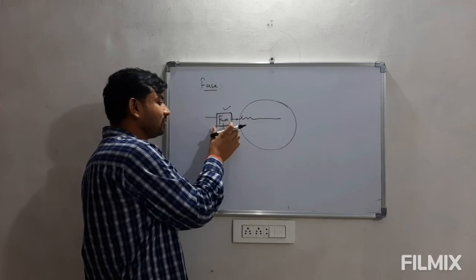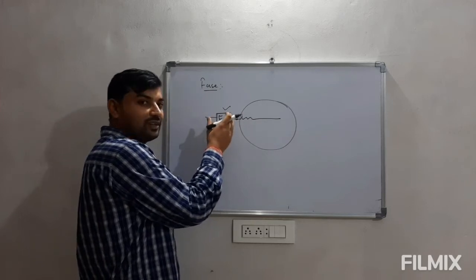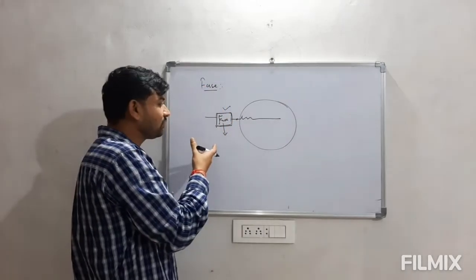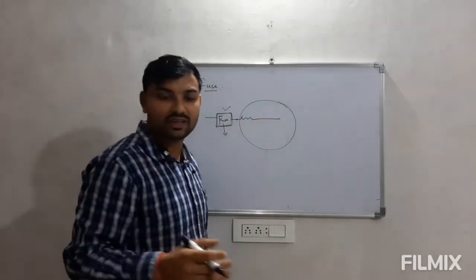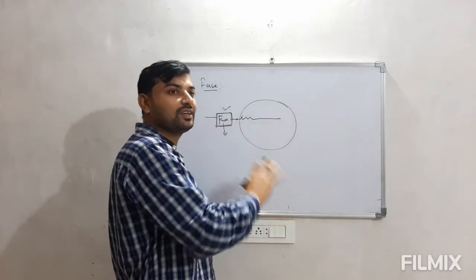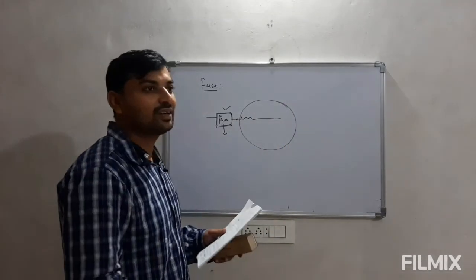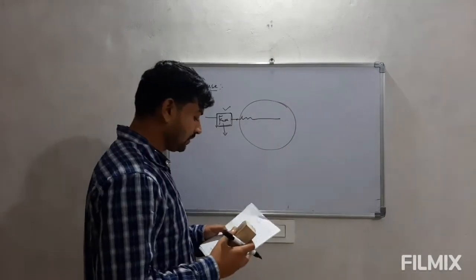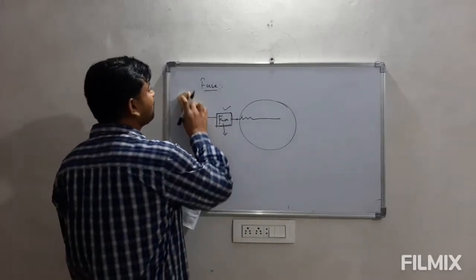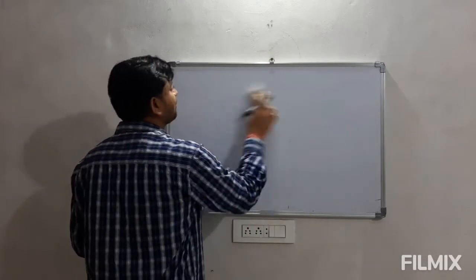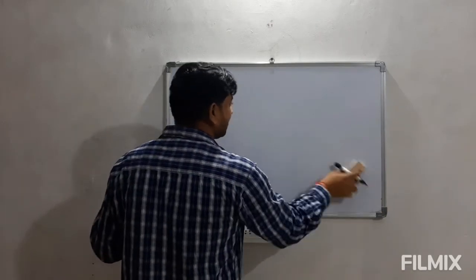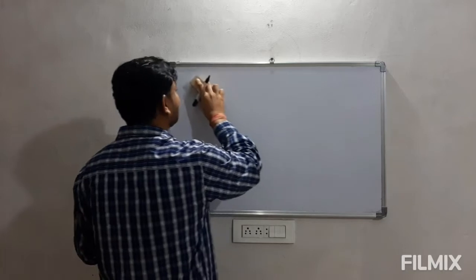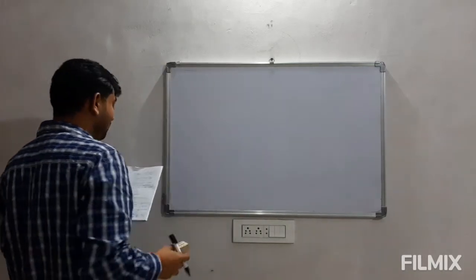The metal will easily melt here and it will be broken from the circuit, so that the current will not move further and it will save the whole circuit and the appliances connected in series with this. So this is how a fuse works, and it prevents our appliances so that we cannot have the loss of valuable money.